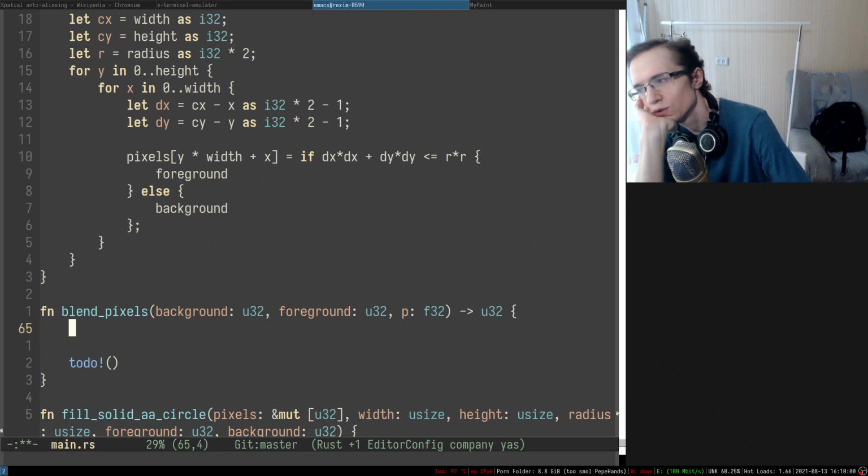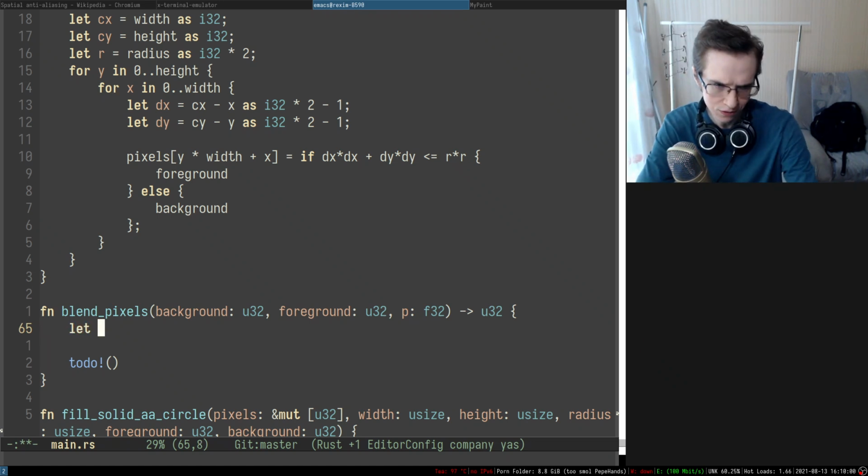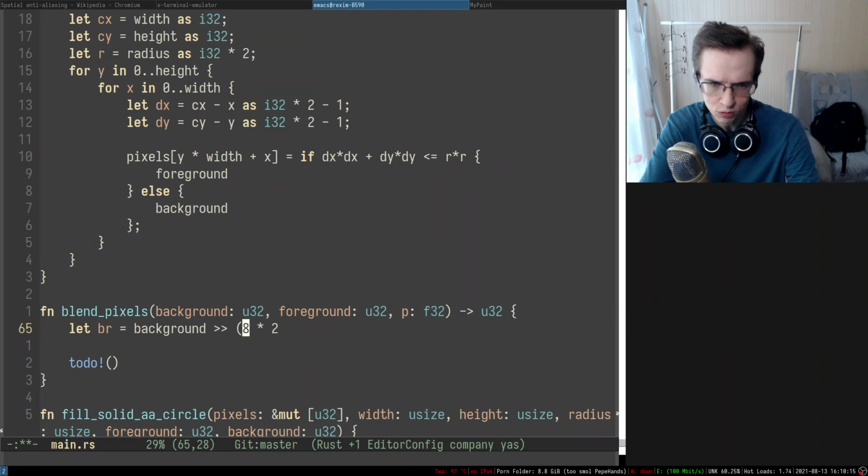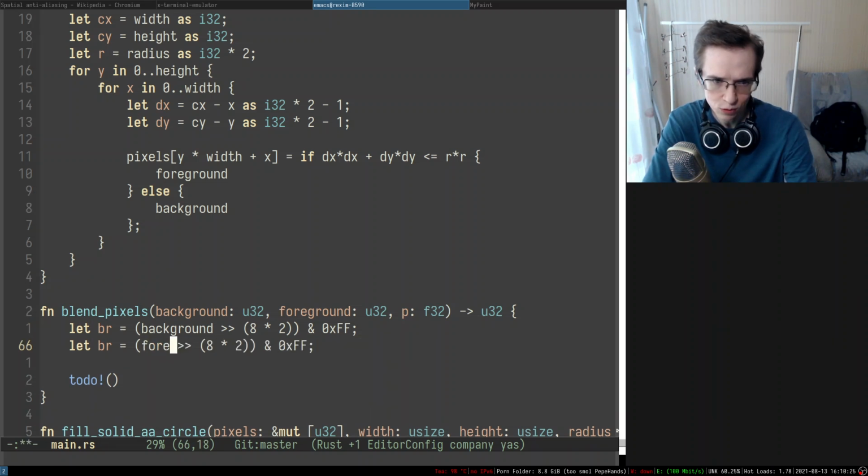If we take the background red, we shift it down by 2 bytes, and then we just take the mask in here, 0FF. There we go. That gives us background red.